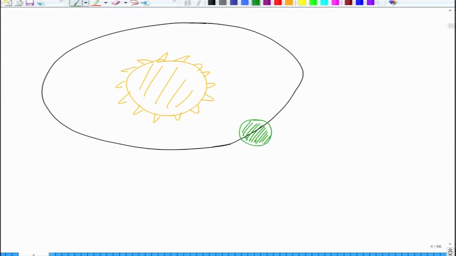And for earth there is something called an axis. This is the axis of rotation of earth, around which it is rotating.